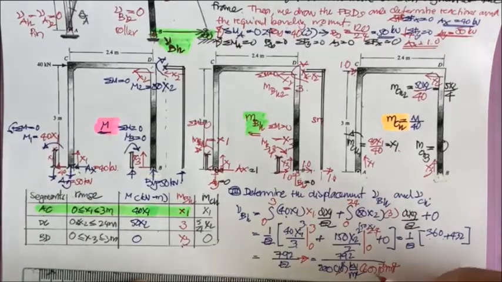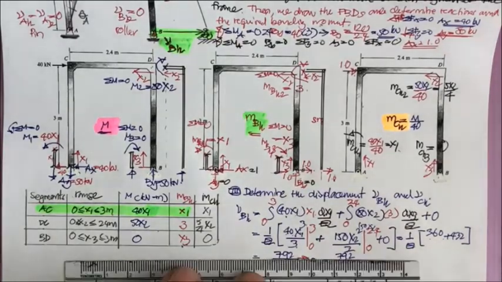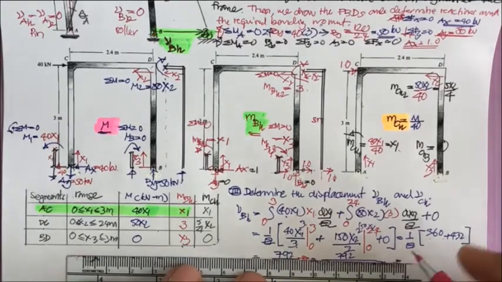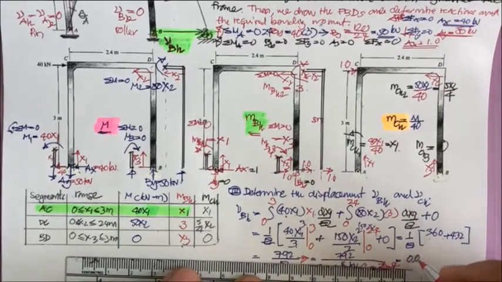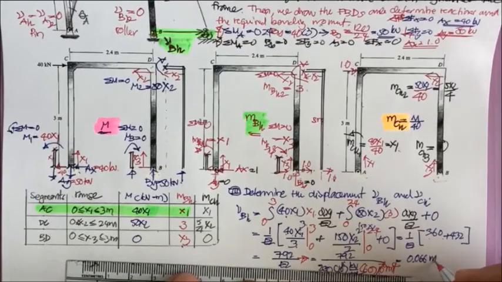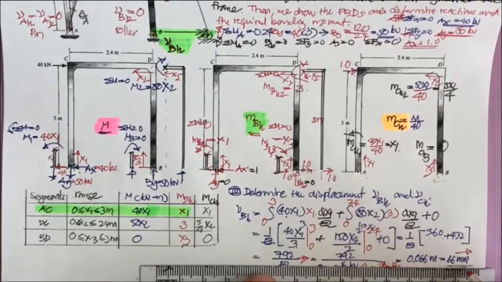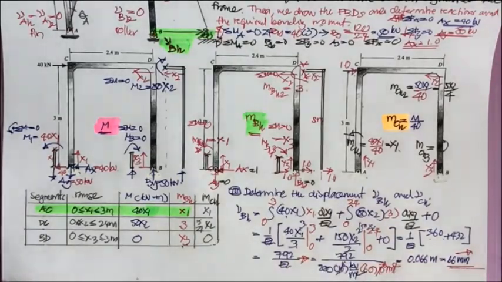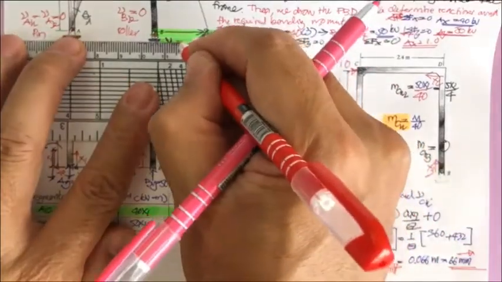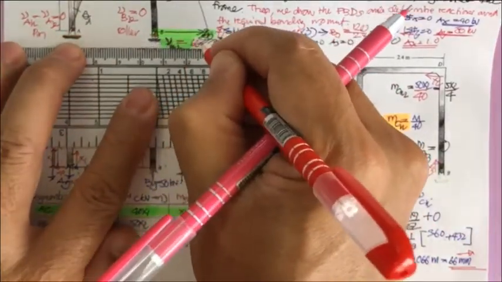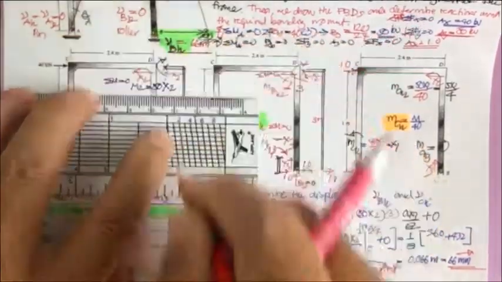Cancel the units and you may get 0.066 meter, or 66 millimeter, in this direction. So this is going to be equal to 66 millimeter.